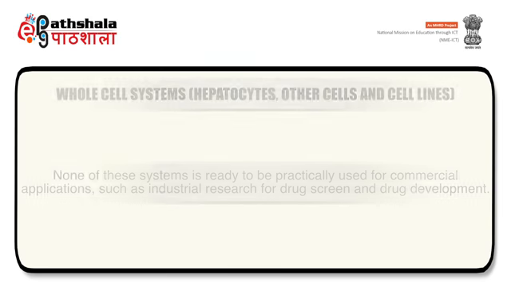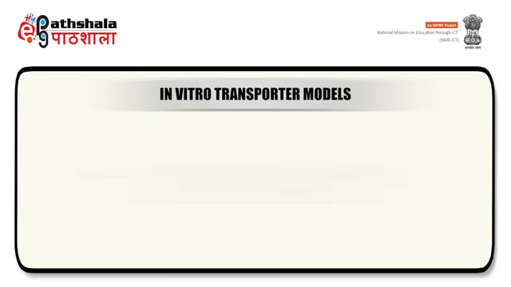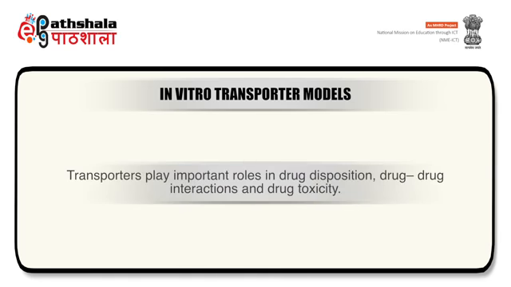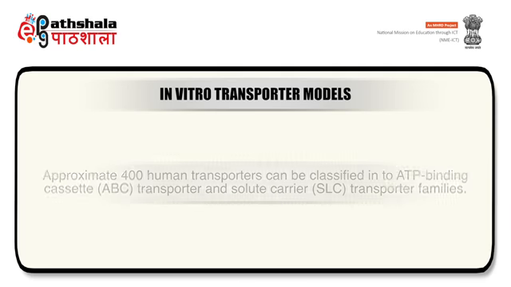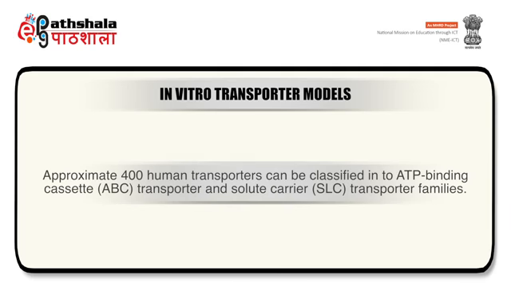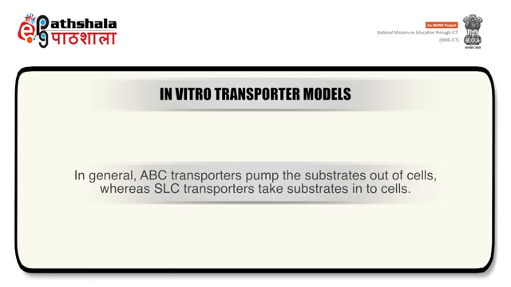In vitro transporter models. Transporters play important roles in drug disposition, drug-drug interaction, and drug toxicity. Approximately 400 human transporters can be classified into ATP-binding cassette, that is ABC transporter, and solute carrier, that is SLC transporter families. In general, ABC transporters pump the substrate out of the cell, whereas SLC transporters take substrate into the cell.